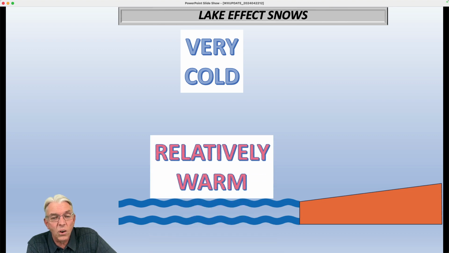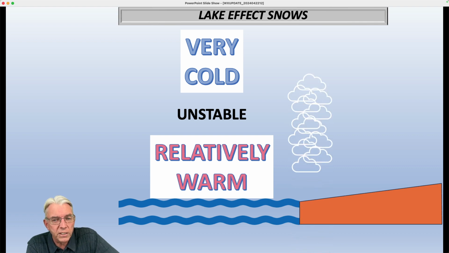So it's relatively warm right above the lake water, okay, but very, very cold aloft, and so that's an unstable environment where the air parcels are able to accelerate upward very, very quickly, and then you get all of these clouds that form, and you get snow squalls that are downwind of the lake. Now, there are a number of things that can help with upward motion to wring out the snow from those clouds.